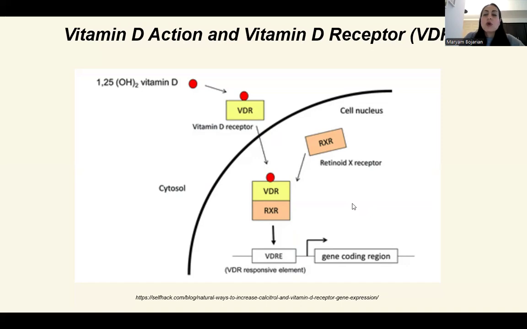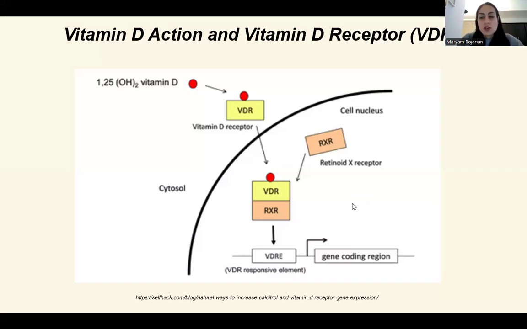The strong activator of the vitamin D receptor is 1,25 dihydroxy vitamin D, or calcitriol. It's really important to know that 25 hydroxy vitamin D is not a strong activator of the vitamin D receptor. A strong activator is basically 1,25 dihydroxy vitamin D.